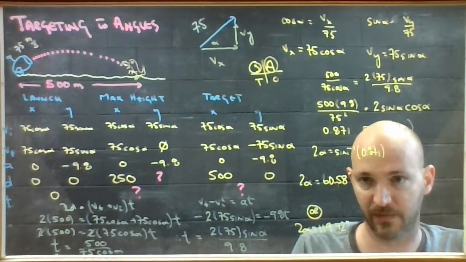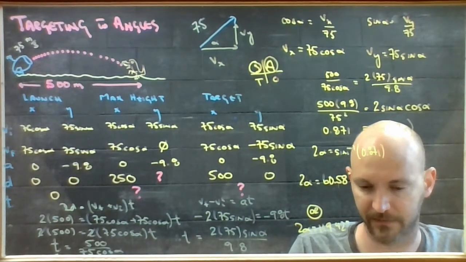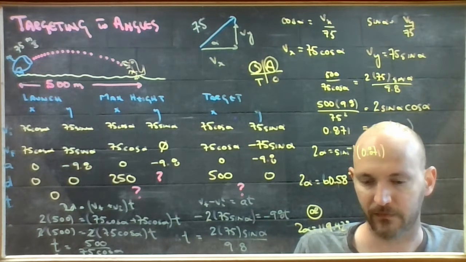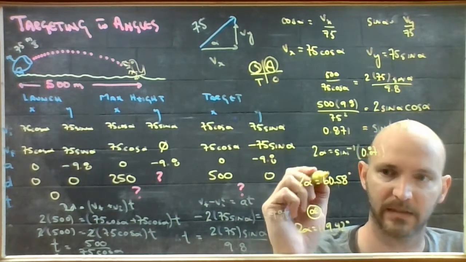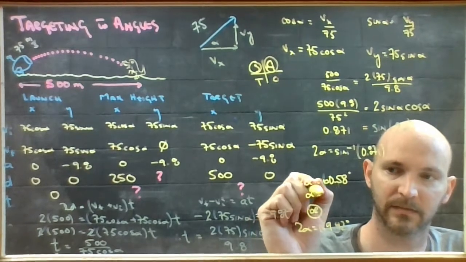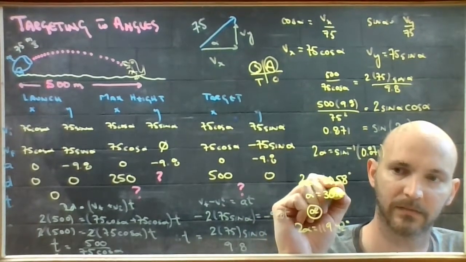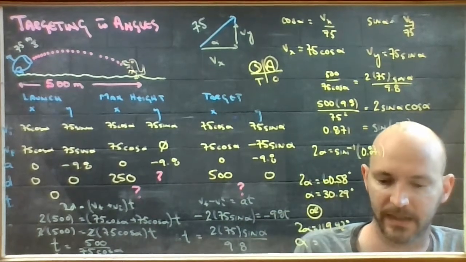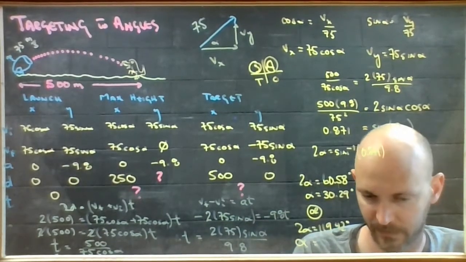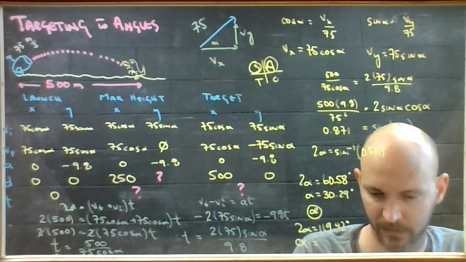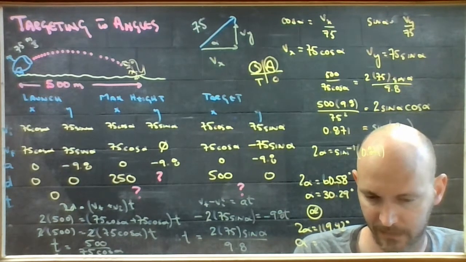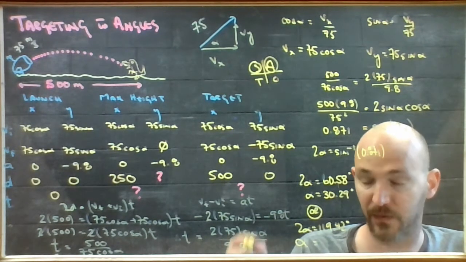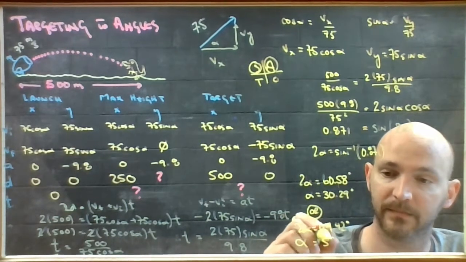So 60.58 cut in half gives me 30.29. And 119.42 cut in half gives me 59.71.